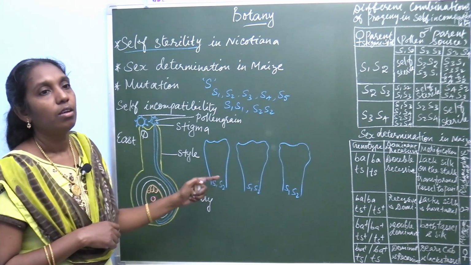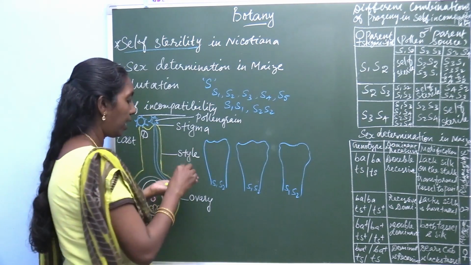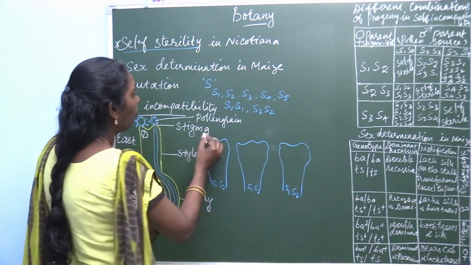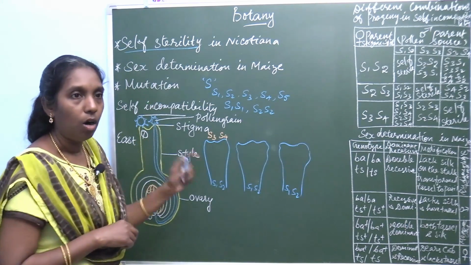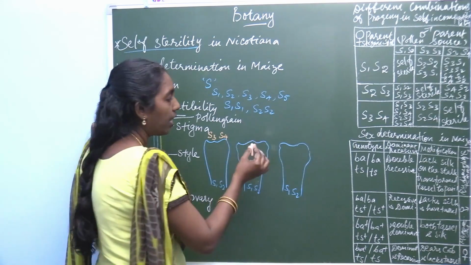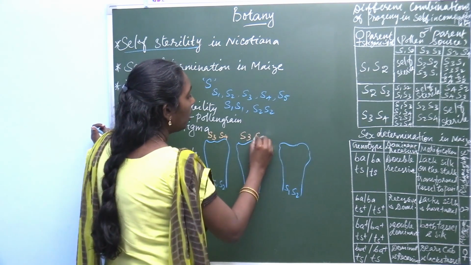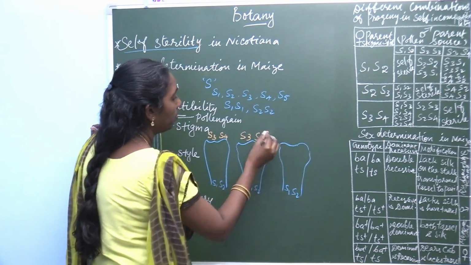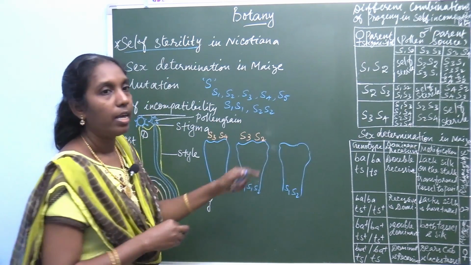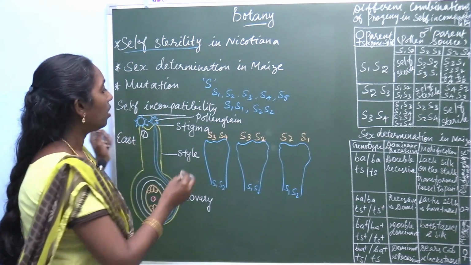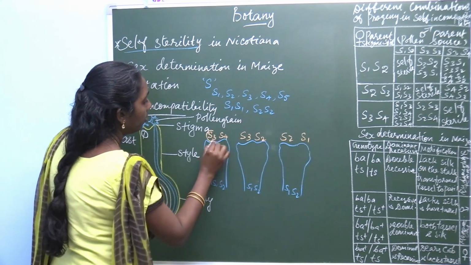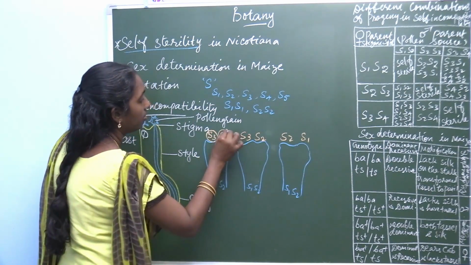For example, here S3 S4, or S3 S2, or S2 S1. These are the pollen grains of different combinations.